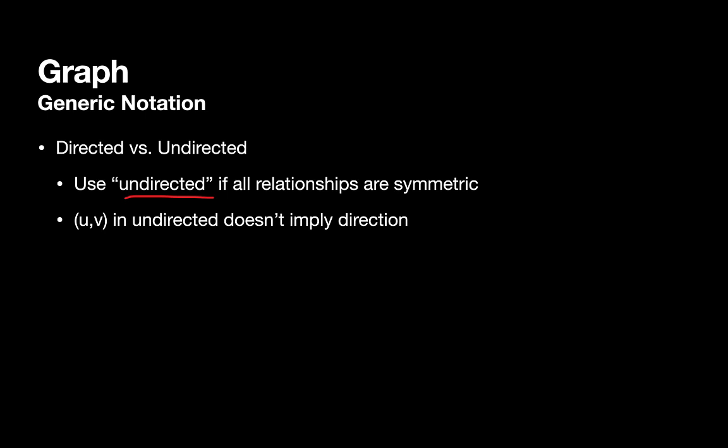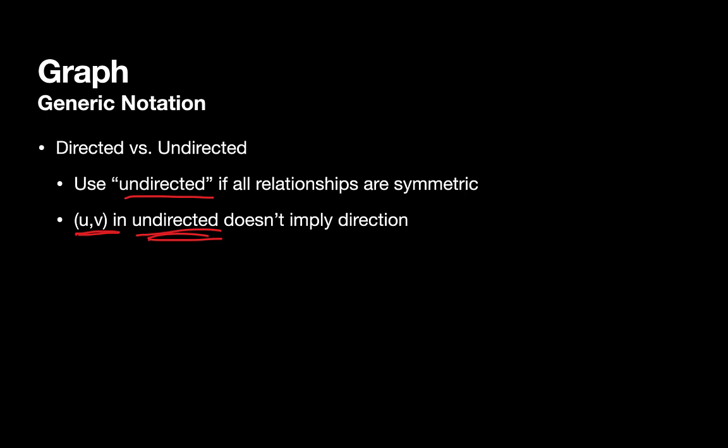So if we are working with an undirected graph, sometimes we'll still denote edges as though they're a pair of items, but the idea of first and second no longer matters. If I've got an edge between U and V, the notation of the pair UV indicates that this actually goes both ways if I'm talking about a truly undirected graph.